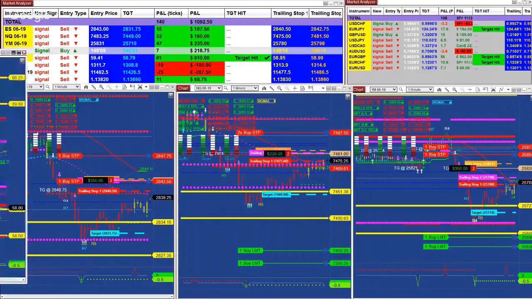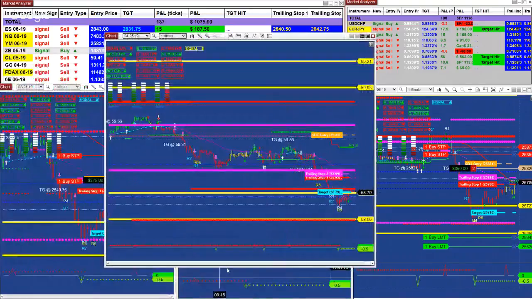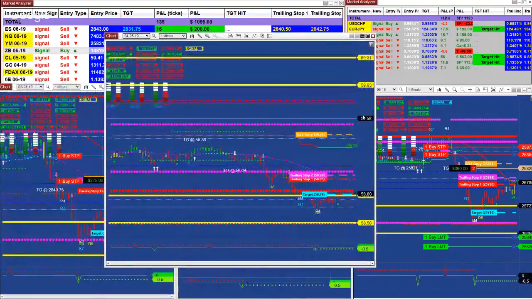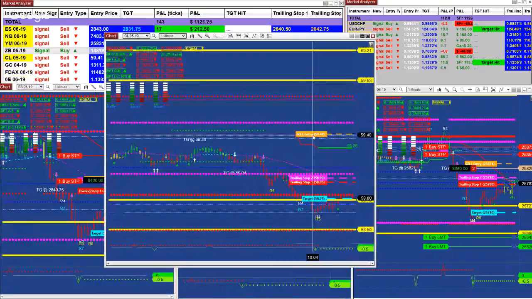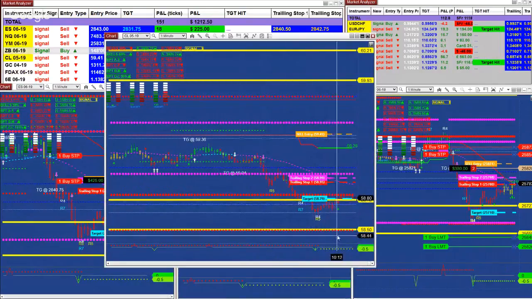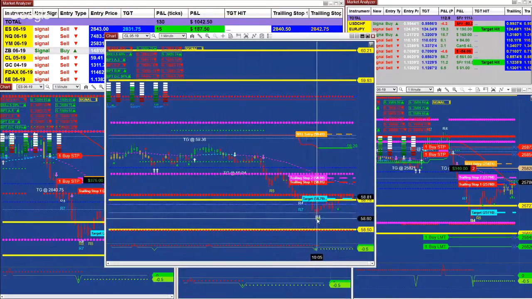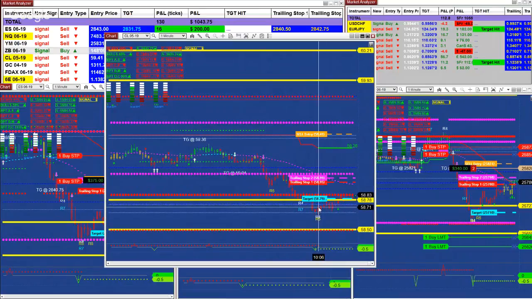Here is another question about your CL, sir. As you see with the CL, we had a sell entry at 59.41. We hit the target, a bit below the target. These are the two yellow lines, those critical areas. Then the system fired the reversal for you. So it doesn't take much anymore for you to recognize the system is telling you to exit here.